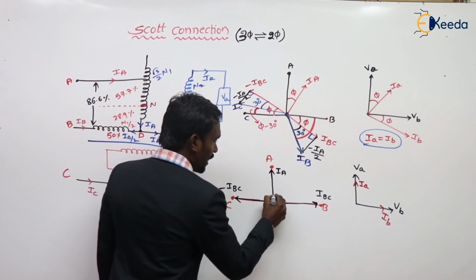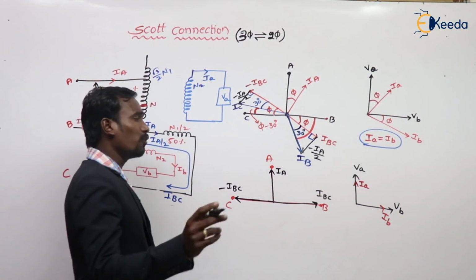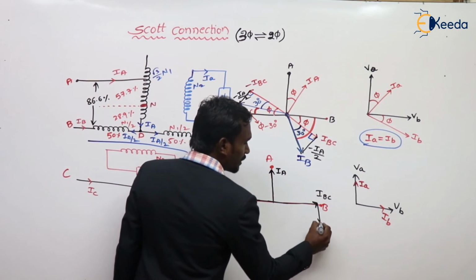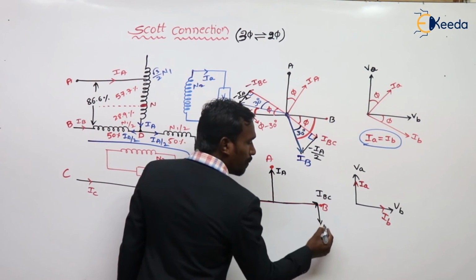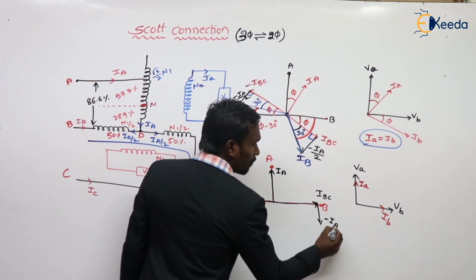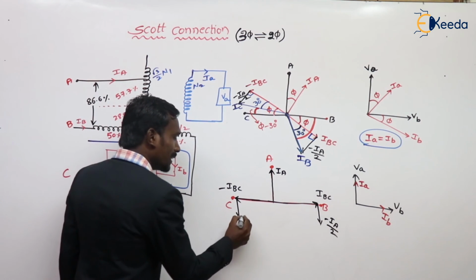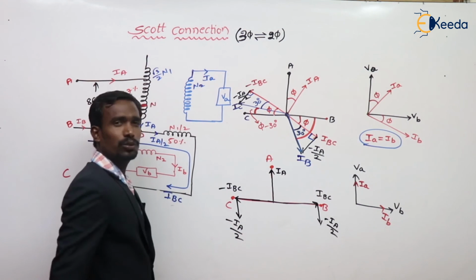This is my IA and this is my IBC and minus IBC. I want IB. I said already, IB is equal to IBC minus IA by 2. And to get IC, minus IBC minus IA by 2.